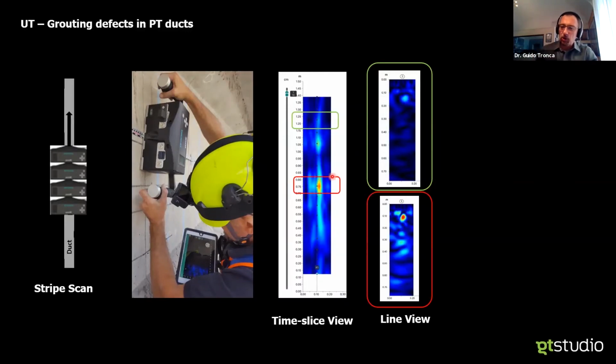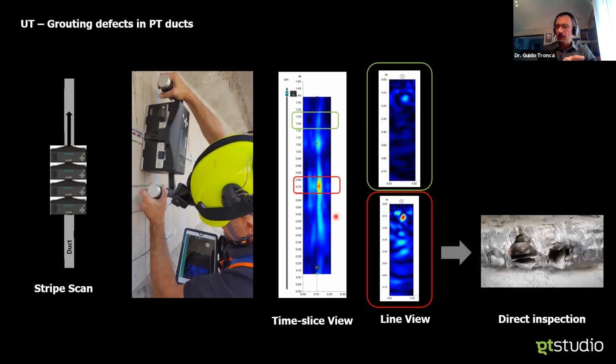If I focus on this area, I see that a sharp reflection is confirmed in the line scan. And so if I put together all this information, I will pinpoint the areas of high intensity, and those will be the ones where a direct verification will be done. This is a real case where a visual inspection was performed and lack of injection was confirmed.